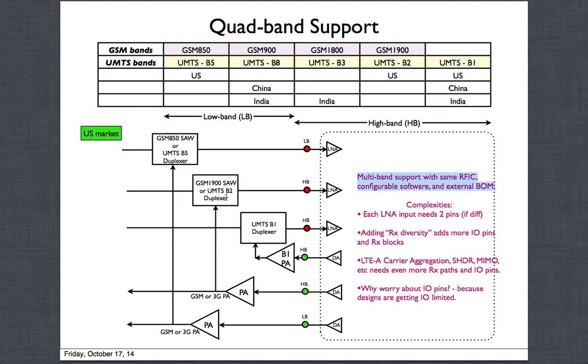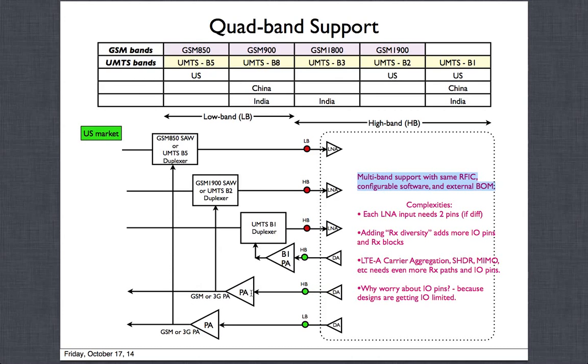The other one, for the next case, is GSM 1900. Similarly, you can populate a GSM 1900 SAW there, which will go to a high band LNA. So this will support the GSM 1900, and similarly in the DA path, this is the high band where you could have a PA which could again be a GSM PA.